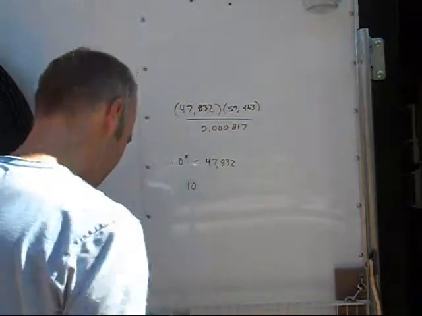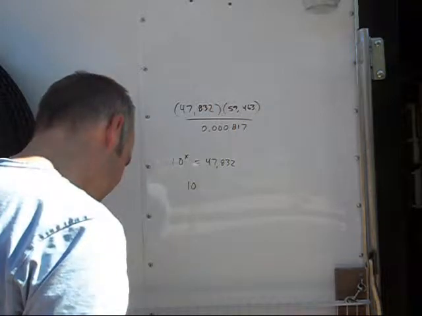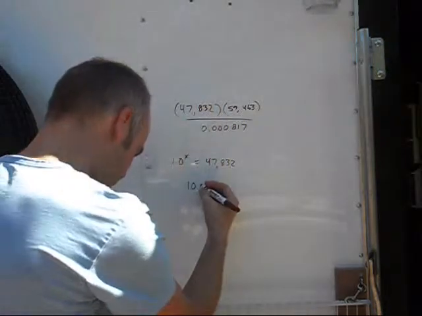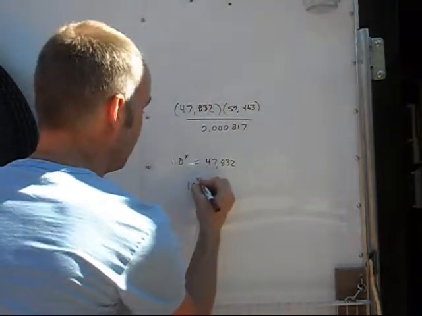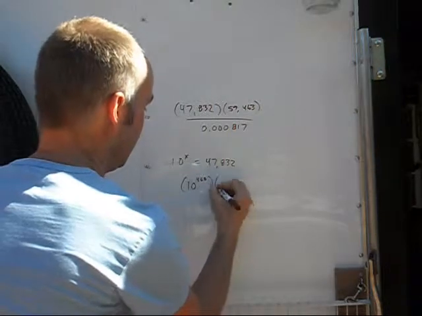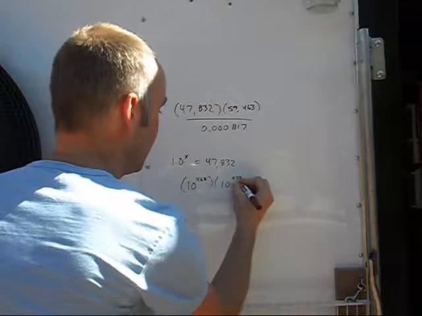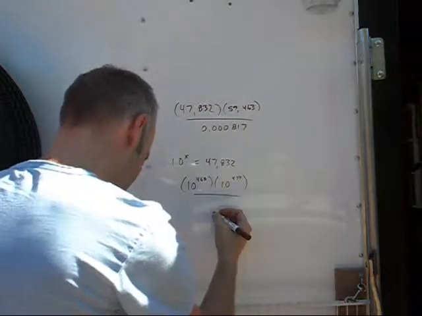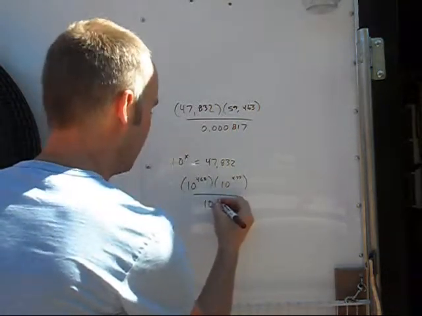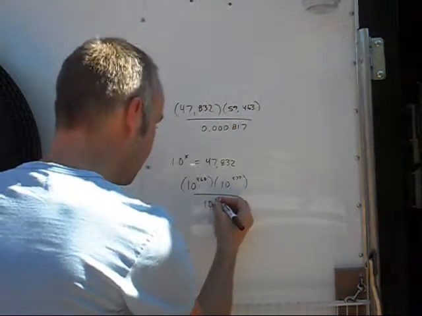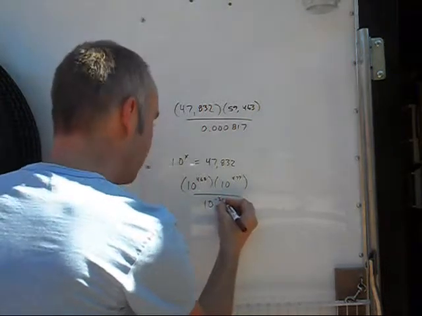So we have 10, and I'm going to look at the book of what they came up with. So for this number, the power was 4.68, and then this was 10 to the 4.77, and then for the denominator, we have 10 to the minus 3.09.